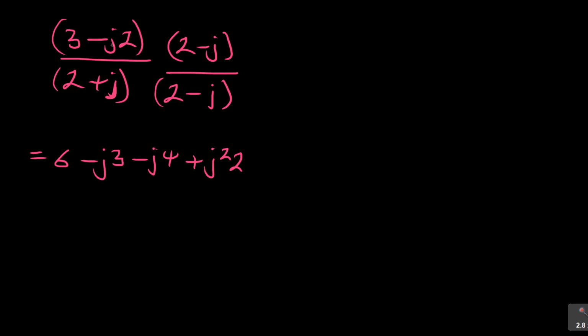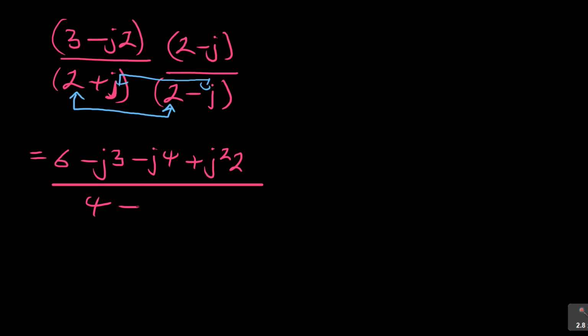Am I right? J squared 2 all over, and then 2 times. Remember now, when you're multiplying a difference of 2 squares or the conjugate, you multiply the first and the last. Those are the important ones. The center one, they will cancel. So here you are going to say 2 times 2 is 4 minus j times j is j squared.